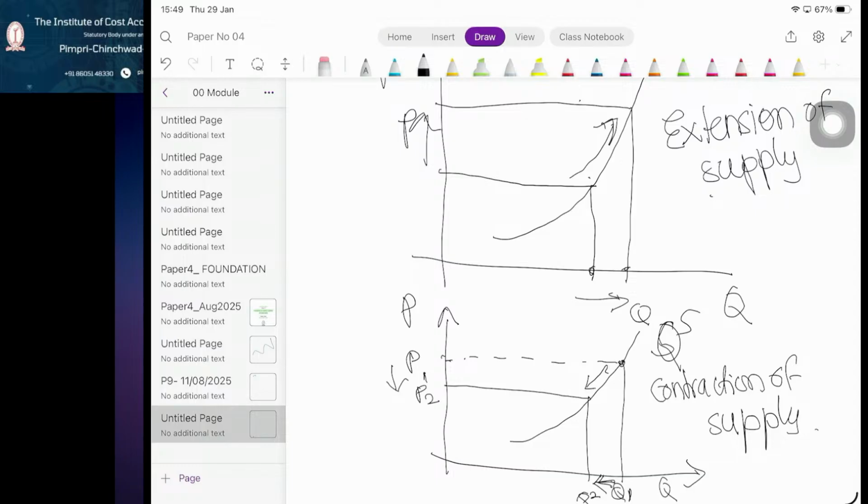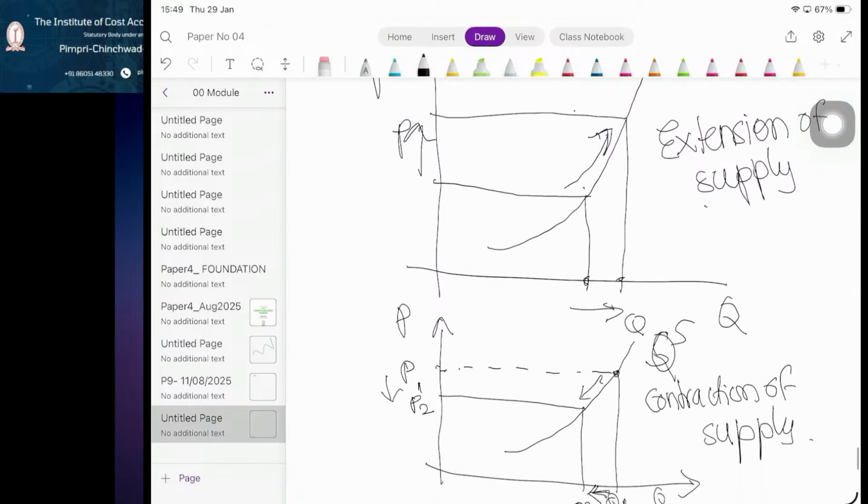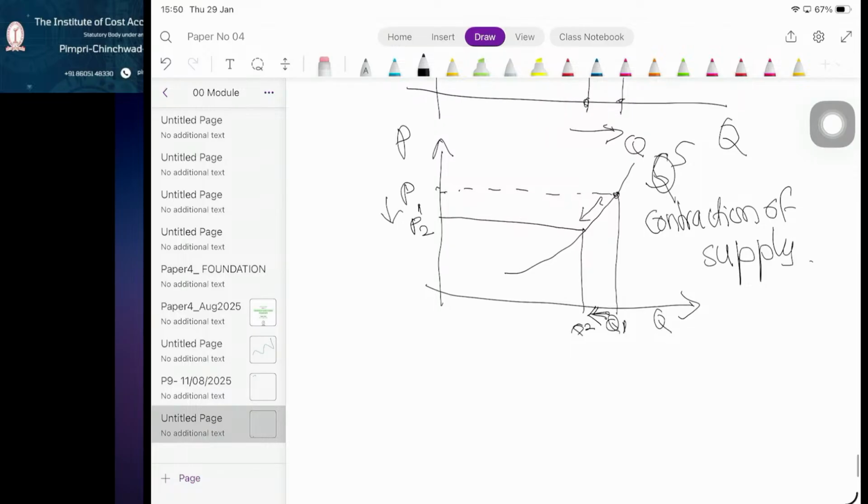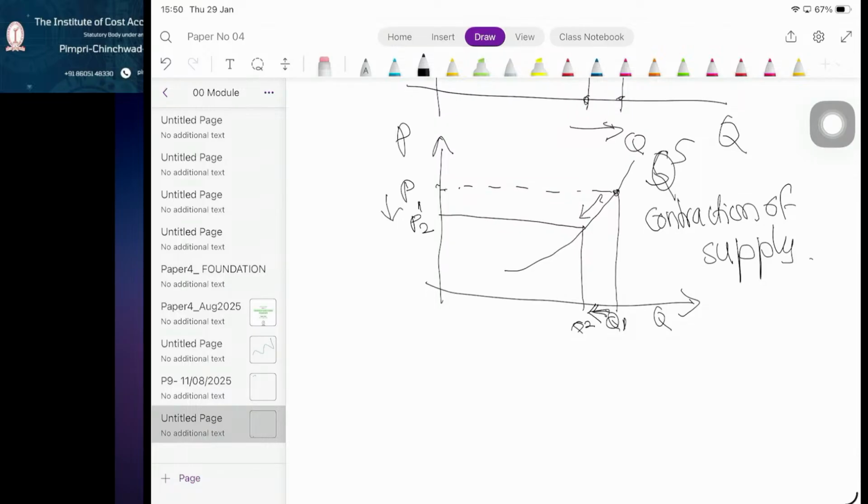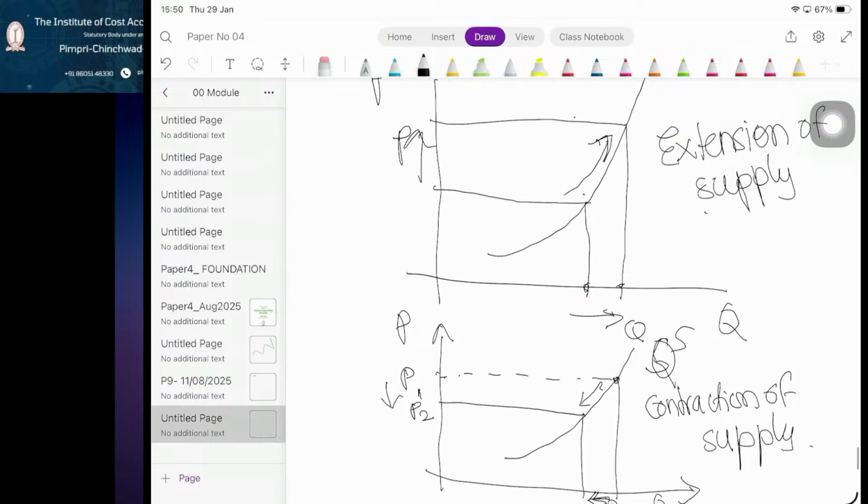Okay, have you all got this? Extension of supply and contraction of supply. Okay, very good.